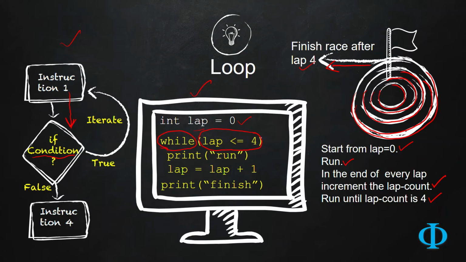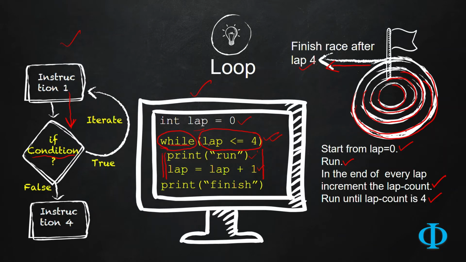So the meaning of this entire line is: while lap is less than or equal to 4, keep on executing these two lines inside while, that is print run, similar to running 1 lap, and finally increment the lap by 1.